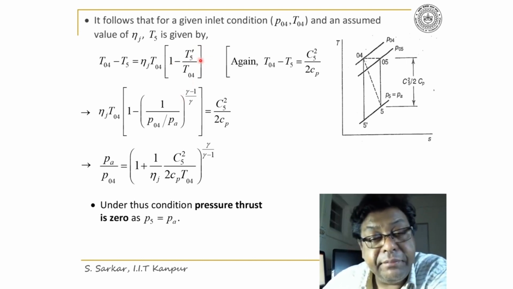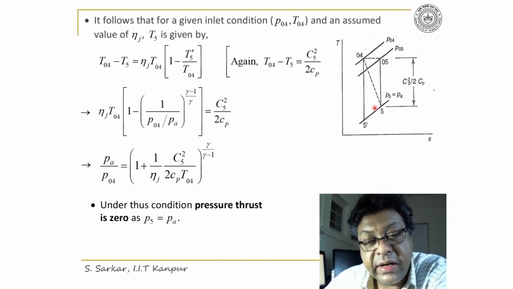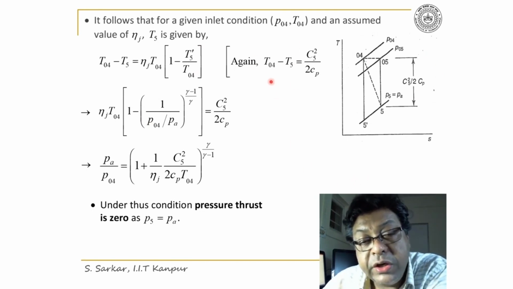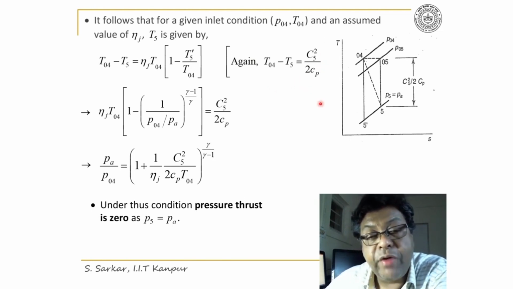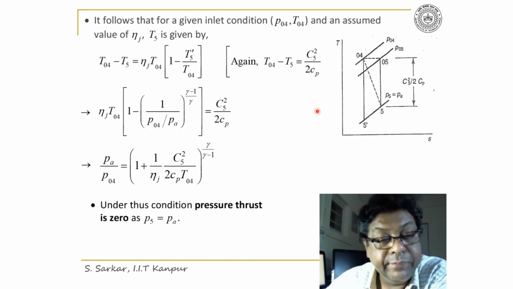Now T5 dash by T04 can be related with pressure ratio, as you can appreciate from TS diagram. Further, we know T04 minus T5 is equal to C5 squared divided by twice Cp.